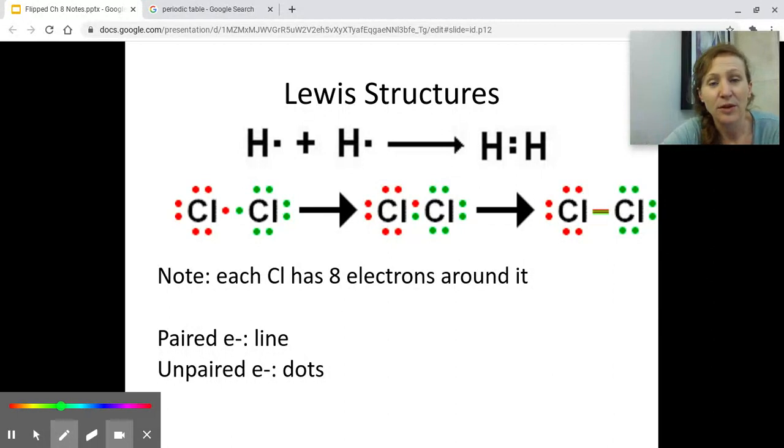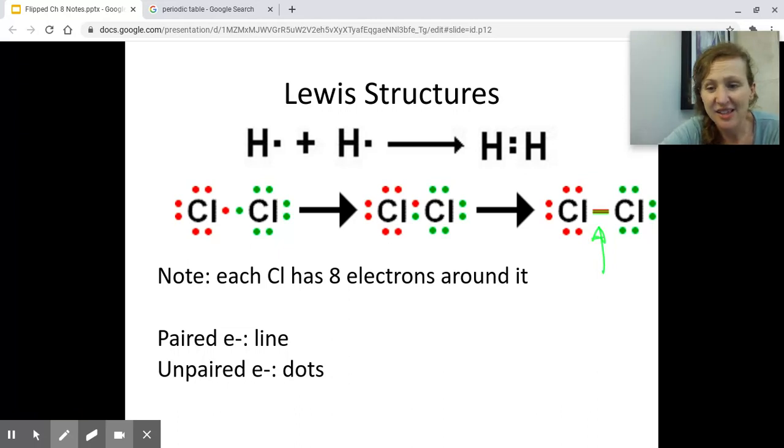In Lewis structures, since this is a model that we've created in order to represent an idea, there's a little bit of interpretation that goes along with it. Again, if you see a stick like this, a stick is going to be equal to 2 electrons that are causing the force of attraction to be completed, basically. So that stick represents a bond, but what that bond actually is, is 2 actual electrons.